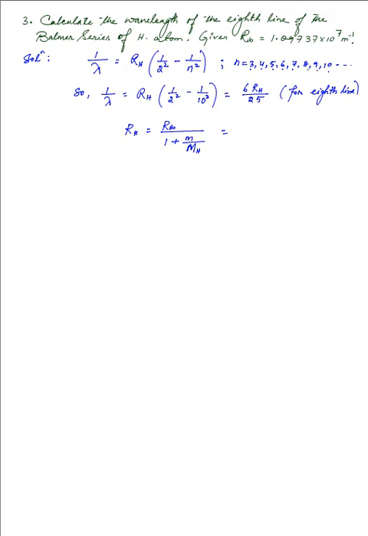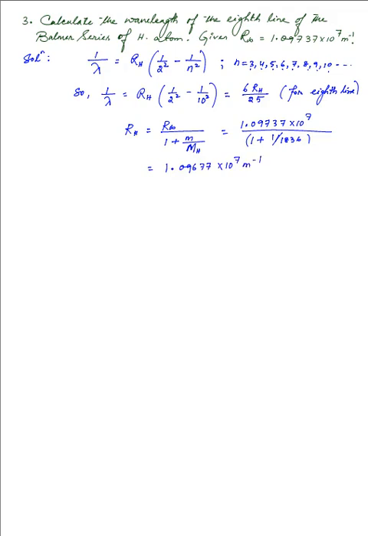So the Rydberg's constant that has been provided, which is 1.097 times 10 to the power 7, that is for R infinity, plus we have the value of m over mh to be equal to 1 over 1836 as discussed in the theory section. So we have the final value of this Rydberg's constant over here to be equal to 1.09677 times 10 to the power 7 meter inverse.